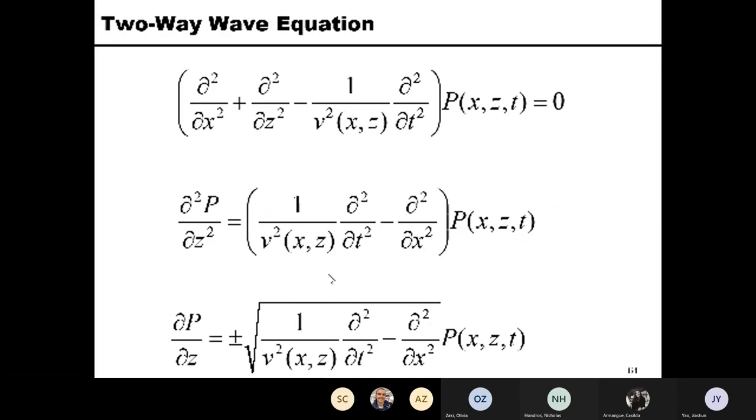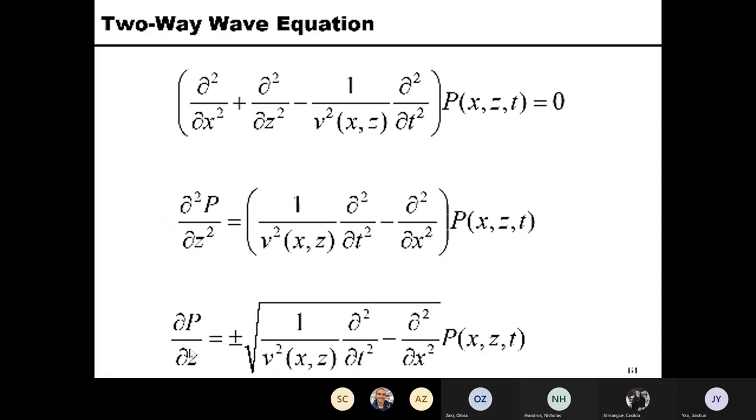He said, okay, you want a first order derivative? I'll give you a first order derivative. What he did is simply take the square root of this, because he thought this was a square. The second order derivative is not a square, right? But he said, okay, I'll just treat it as a square. That means you have a square root. A square root means you have positive and negative, you see that?